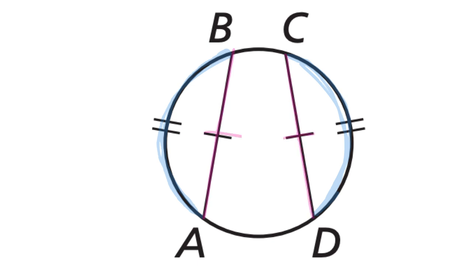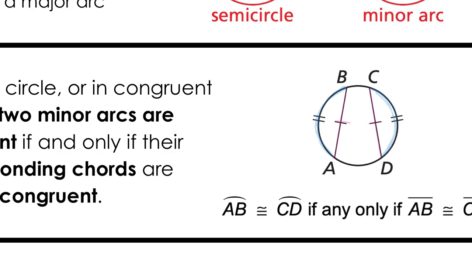And that kind of makes sense, right? Because let's say I take this chord here and I make it a little bit longer. As you can see, the endpoints would now create an arc that's much bigger, right? It would not be congruent to the other one. So the only way to end up with congruent arcs is to have congruent chords. So that's what this theorem is all about.